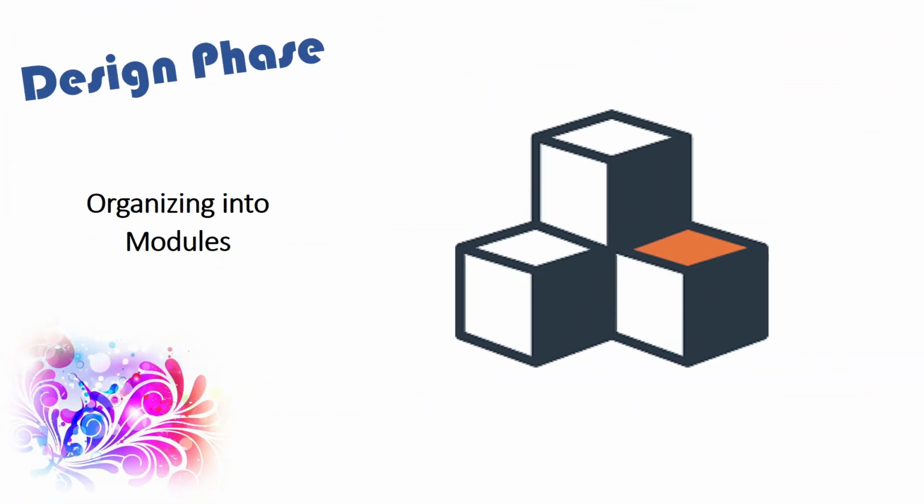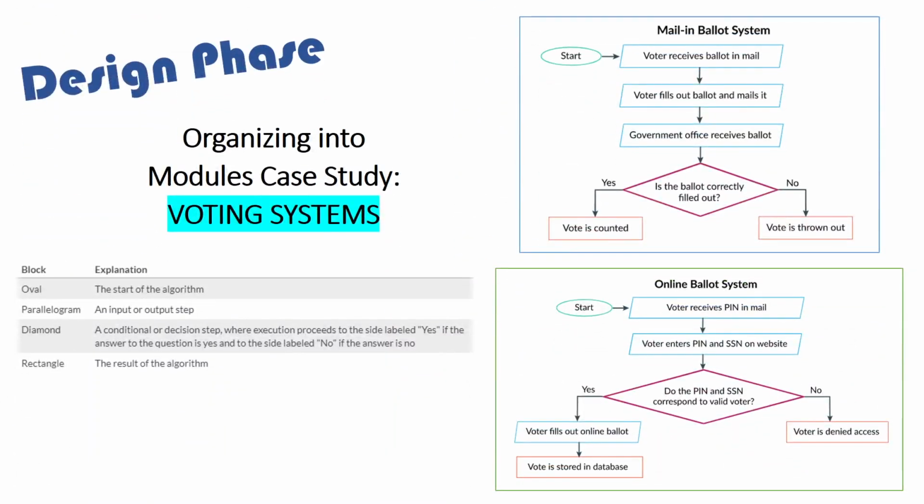Modules. So modules are a way of breaking code up into different pieces. And really, that's where a good function comes in, because a module is basically a small piece of the puzzle, and each module might do a different job.